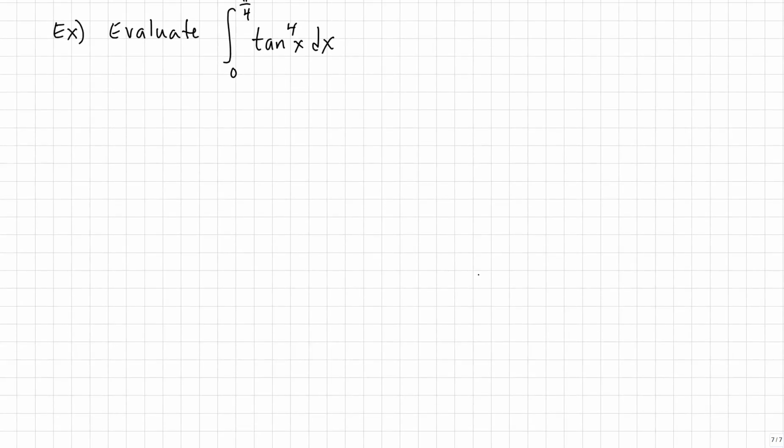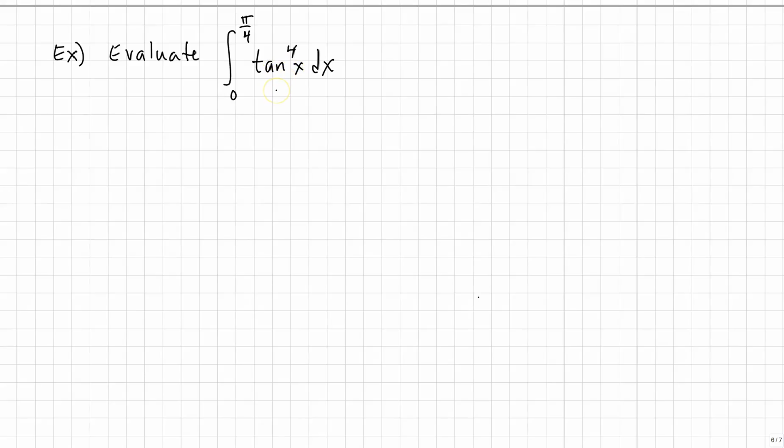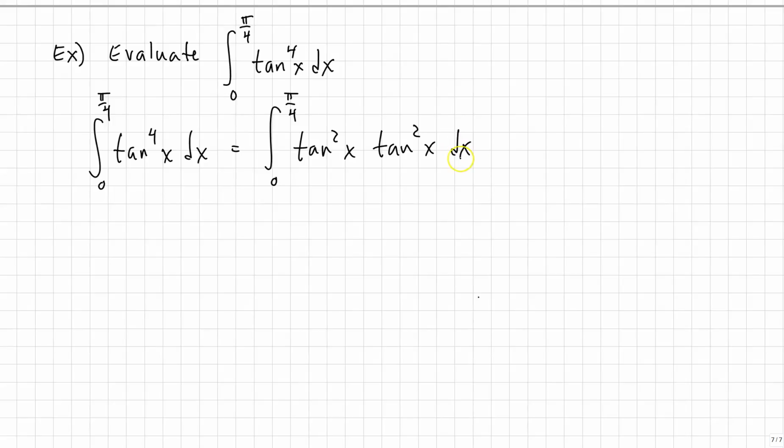And for this last one, what if we just have a tangent? We can handle that very similar to the way we handled just when we had a cosine. So if we do 0 to pi over 4 of tangent to the 4th, we can write that as a tangent squared times a tangent squared. And then replace one of those with secant squared minus 1.